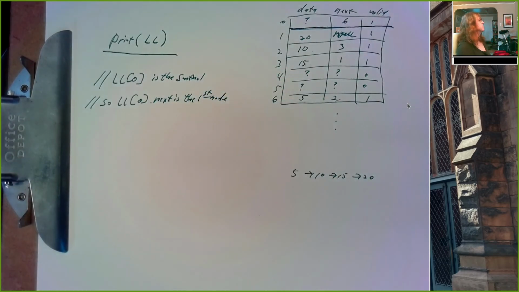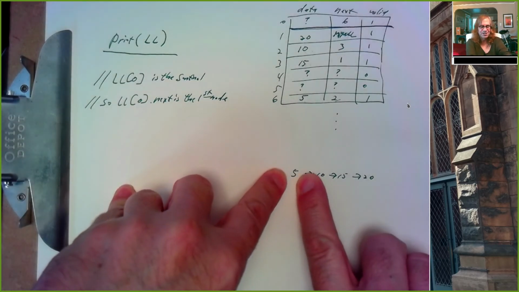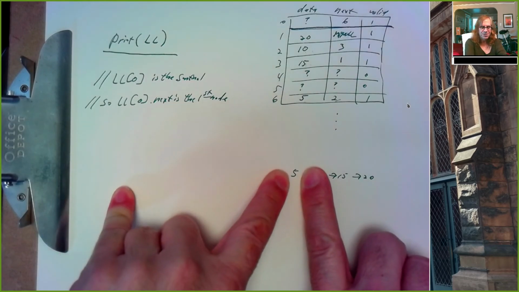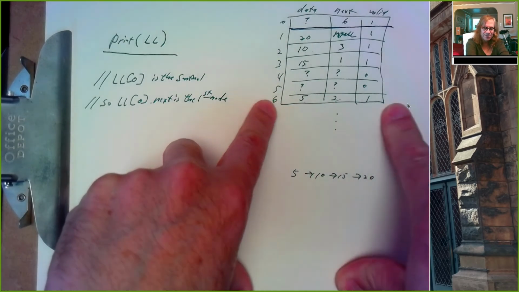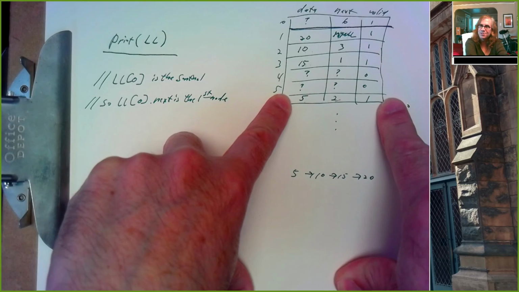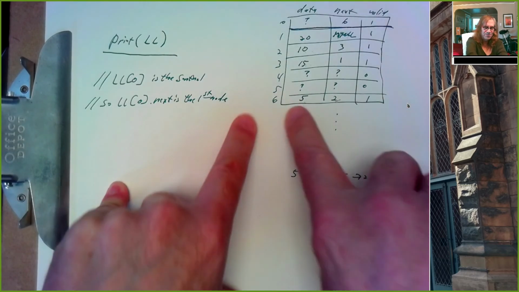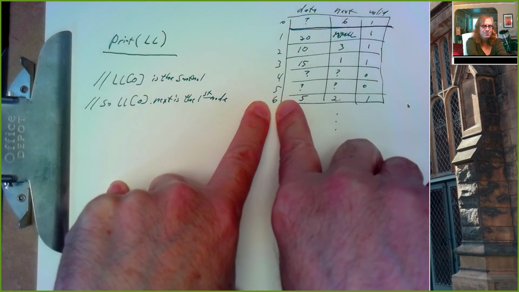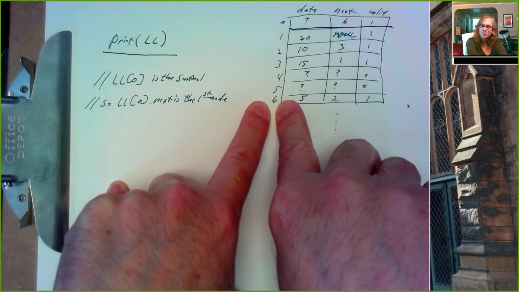All right, terminology alert here. We'll be talking about things like the first node, right? There's 3 things at play here. There's this kind of abstract node, this thing containing a 5 that has an arrow after it, right? There's the element in our array of struct nodes, this thing containing a data 5, next of 2, valid of 1. And there's the index of the node. And we kind of are going to think about those 3 things as being equivalent.